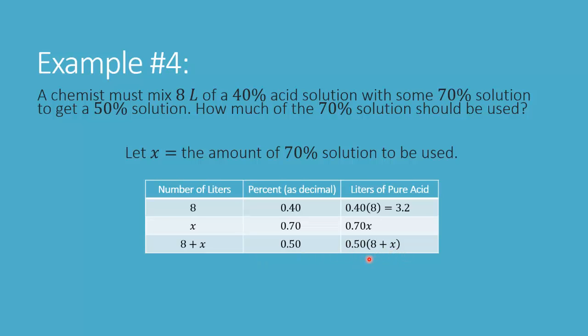The total amount of acid throughout this whole process has to be the same. So the amount of acid in this part and the amount of acid in this part, added together, must equal this part. So we have 3.2 plus 0.7x equals 0.5 times (8 plus x).